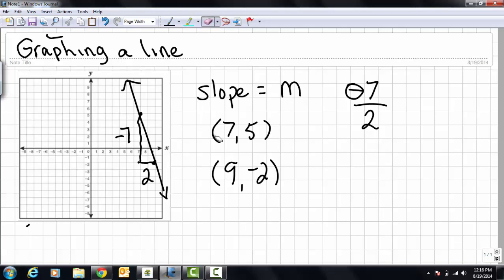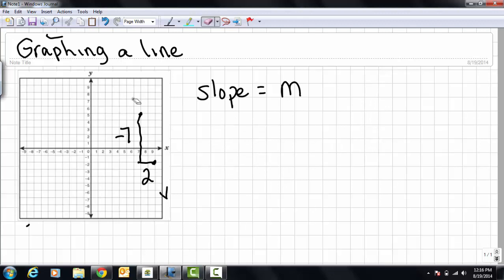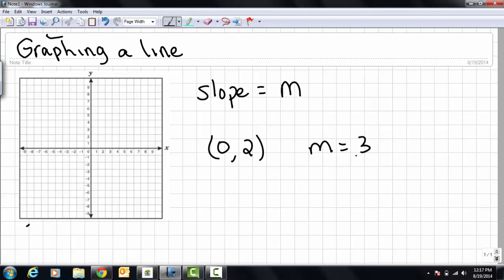So how do I graph a line now if I'm given a point and the slope? So let's say they tell us that the graph goes through the point 0, 2. And the slope of my graph is 3/4. Well, if you remember slope, it's always your change in y, so this is my rise, or I go up 3 units, and right 4 units.